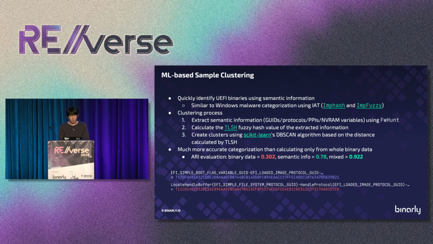For example, GUID and protocol service names are concatenated into one string in address order, then the TLSH value is calculated. After that, create clusters using scikit-learn's DBSCAN algorithm based on the distance calculated from TLSH values. By using semantic information, we can categorize UEFI binaries very accurately.